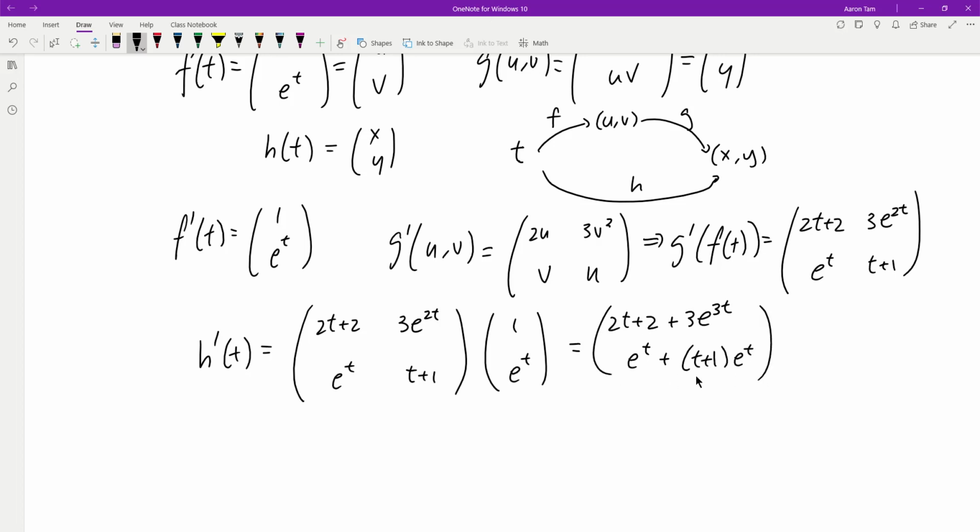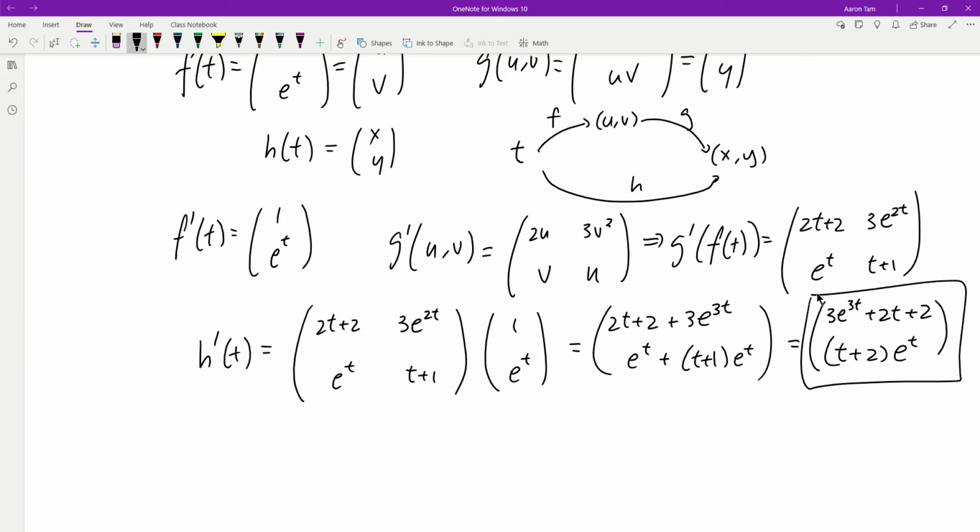Note that the bottom actually can be factored. So if you factor it correctly, you have the following: 3e to the 3t plus 2t plus 2, and kind of line them up in the right order. And then the bottom, if I factor out e to the t, I get t plus 1 plus 1, which is (t plus 2) e to the t. So that becomes my derivative.